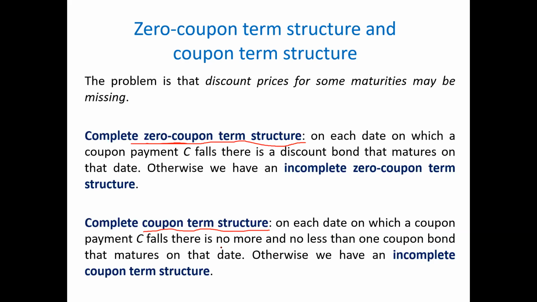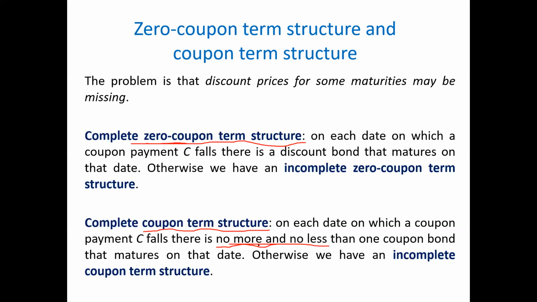Here I introduce one clarification: in the case of a coupon term structure, we expect that on each date when a coupon payment falls, there should be no more than one and no less than one, so precisely one coupon bond that matures. Why so?